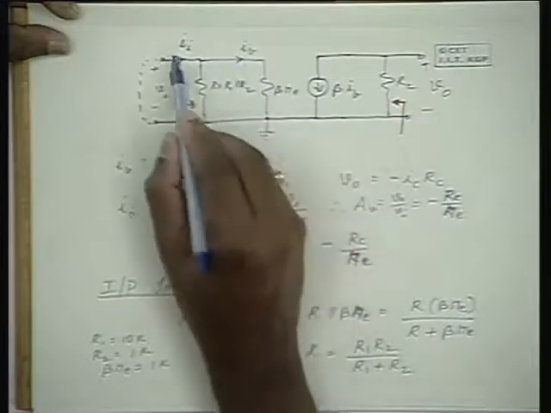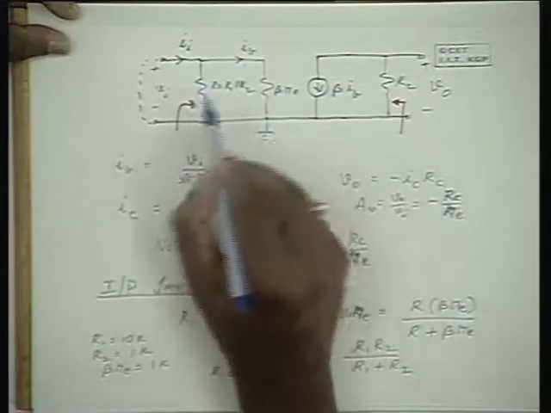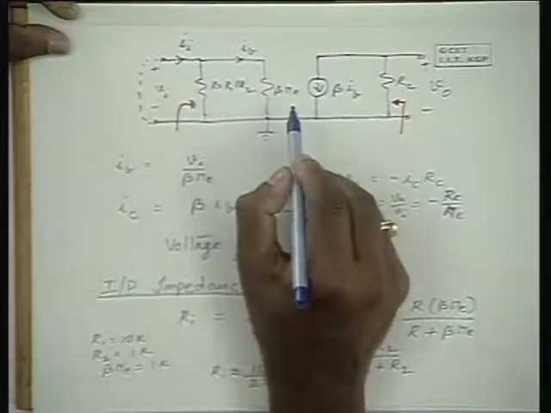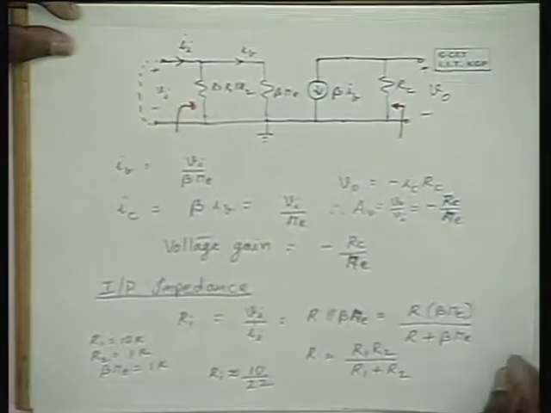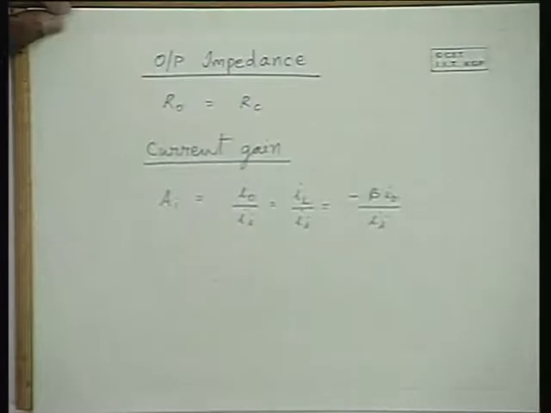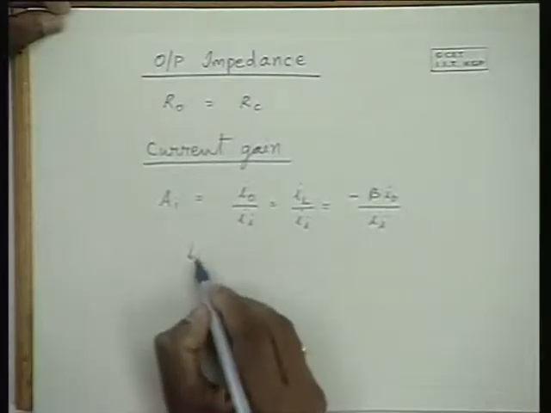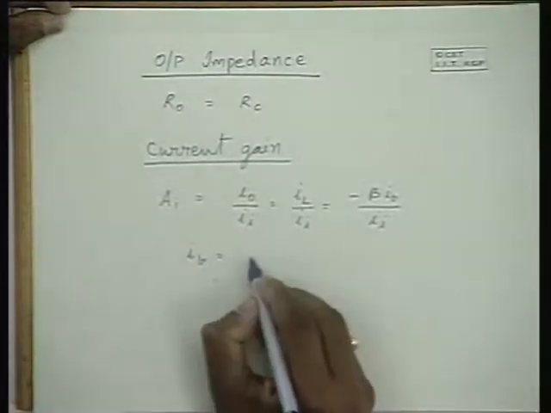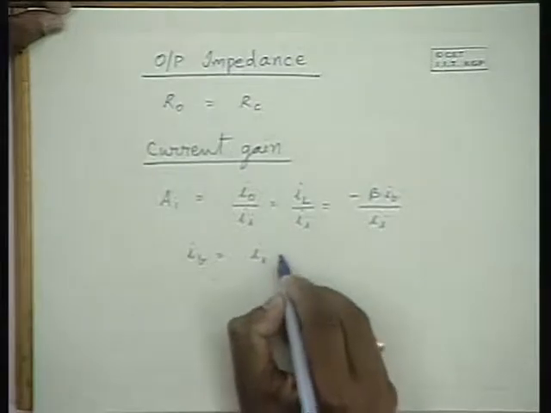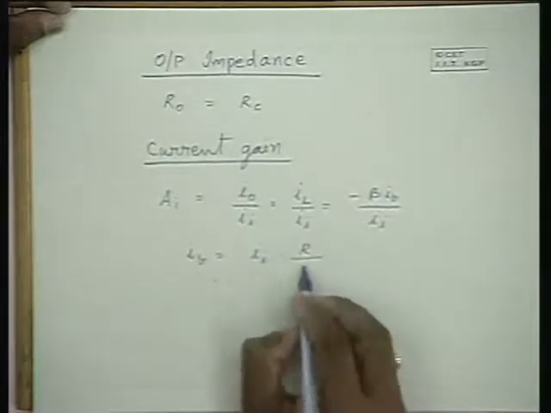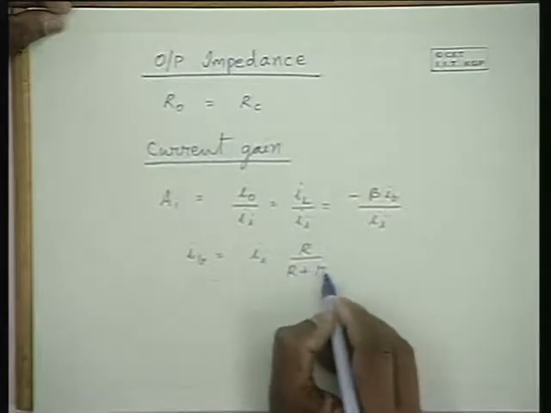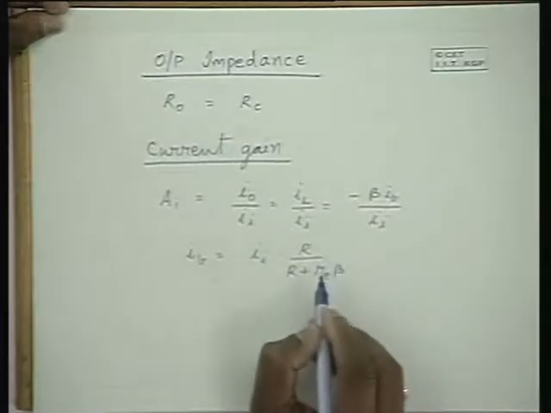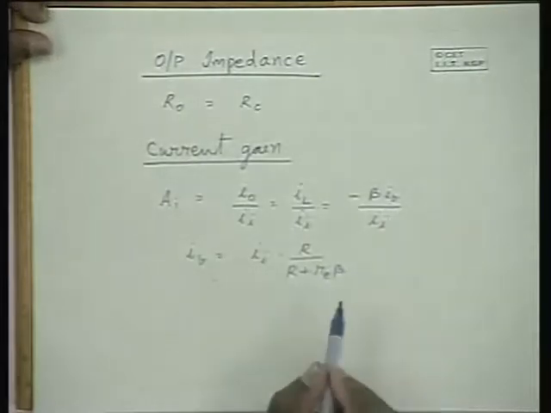IB is II into R divided by R plus beta RE. Therefore we can express IB in terms of II: IB is II into R divided by R plus RE into beta. So this is the ratio.